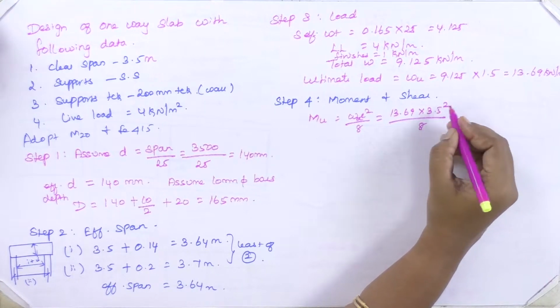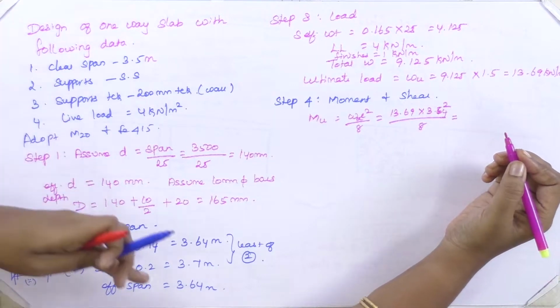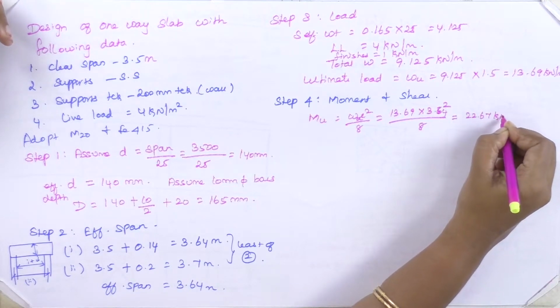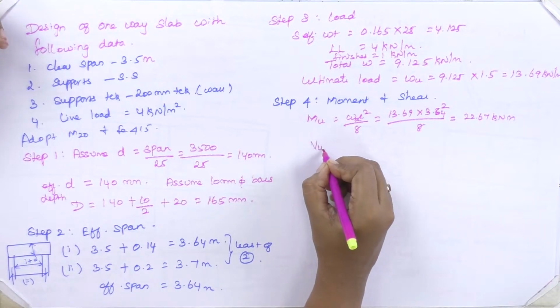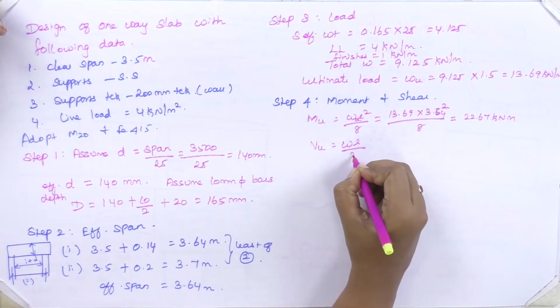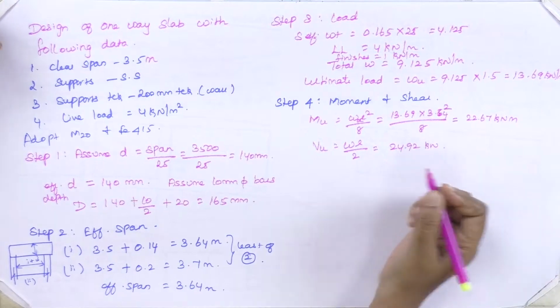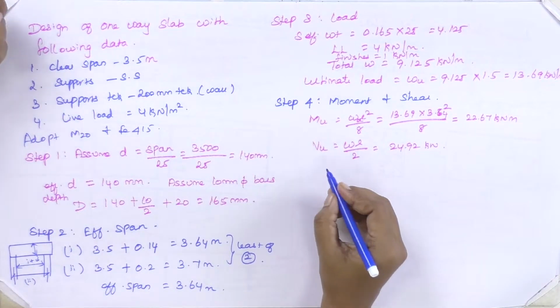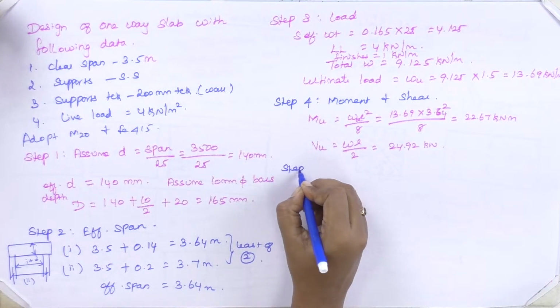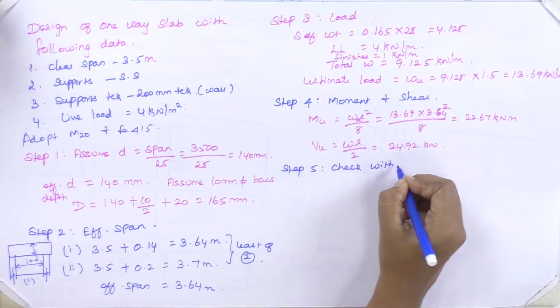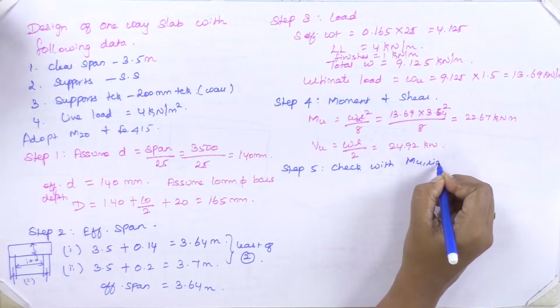This 3.64 is the effective span. It will be 22.67 kilonewton meter. Vu is equal to WL by 2, that is equal to 24.92 kilonewton. Then step 5, check with Mu limit.